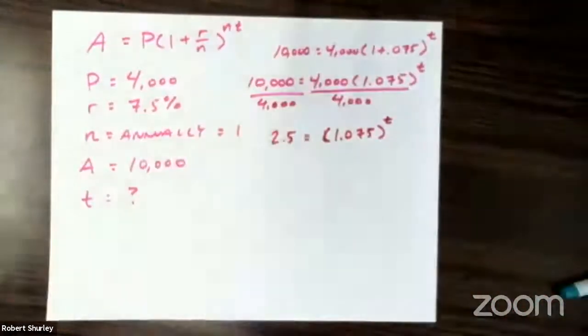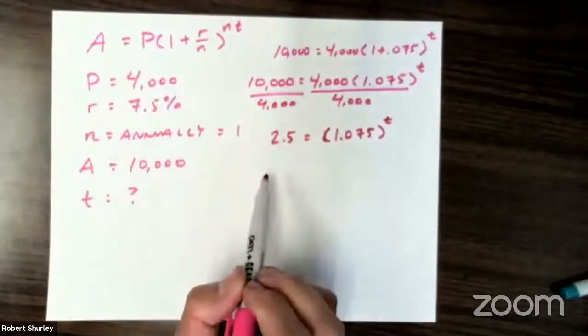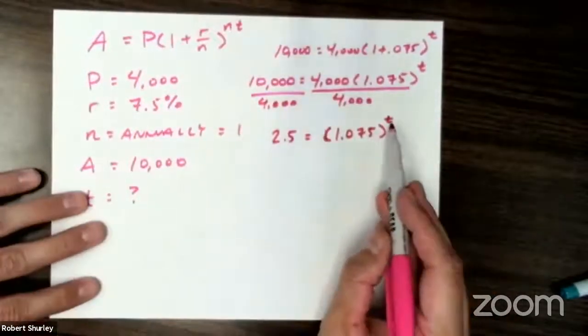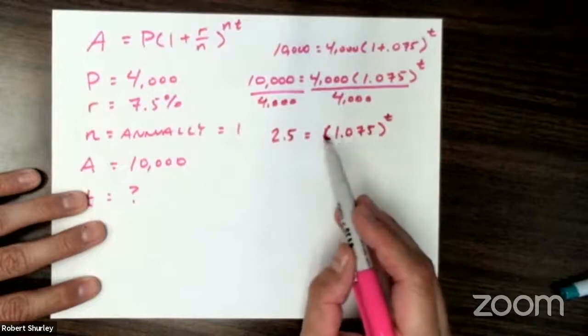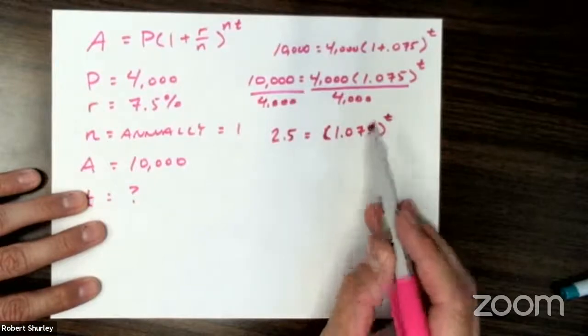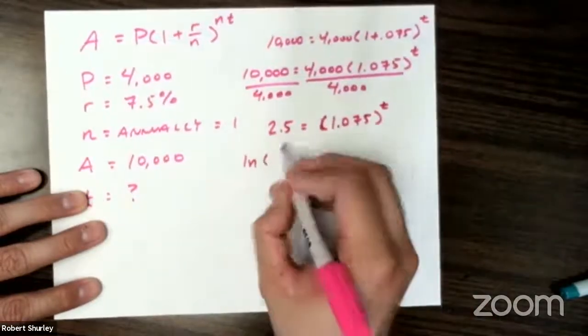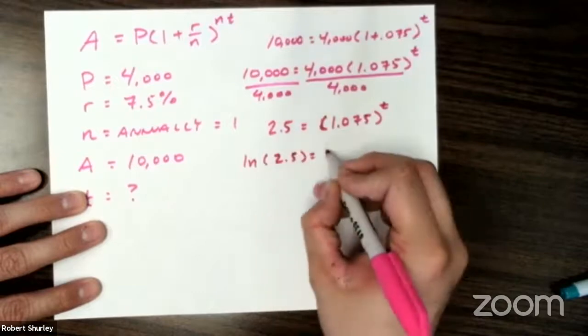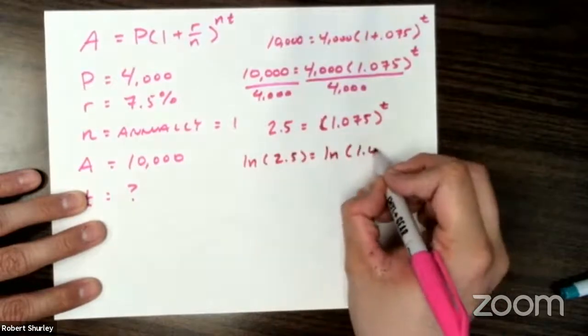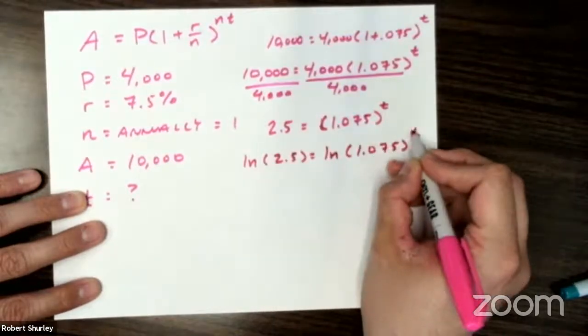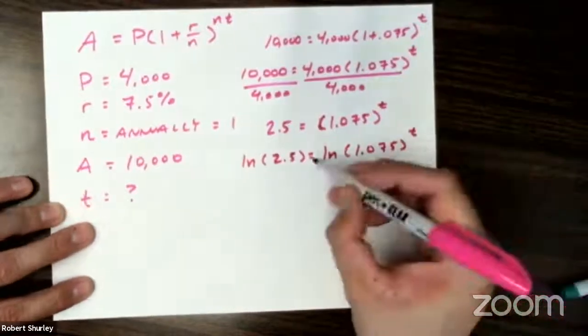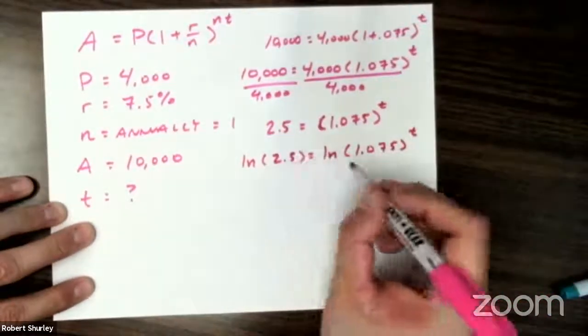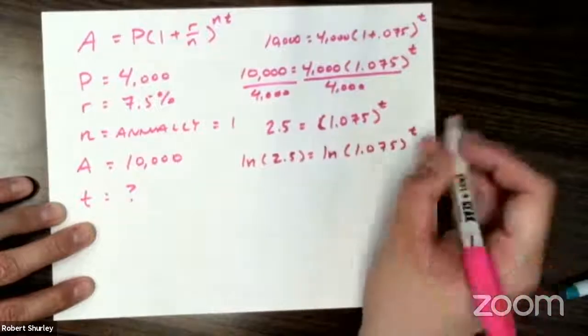If you want, okay? But 10,000 divided by 4,000 is 2.5. And now remember, once we had the exponential term isolated, we took the ln of both sides. Okay? And then once we took the ln of both sides, we could bring the t out to the front.